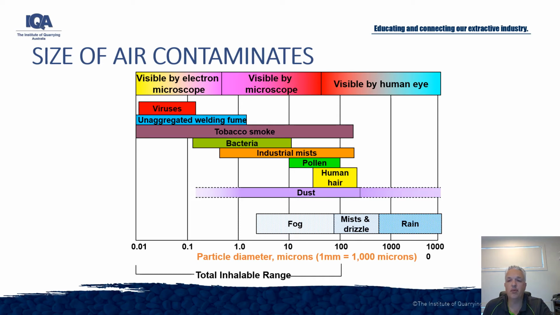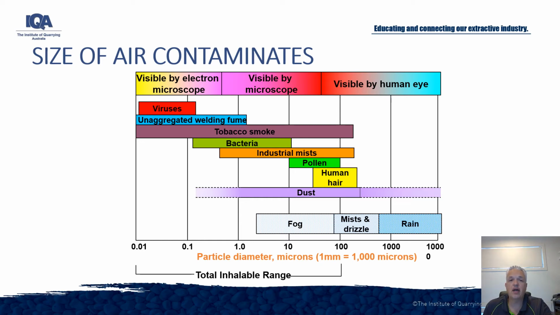Your smaller components, like the respirable, will be airborne for quite a number of hours before they settle out, and that depends on atmospheric conditions as well. If we look at your total inhalable range, we're talking about from 0.01 up to about 100 micron in size. And your respirable fraction that we're interested in today is from 10 micron downwards.